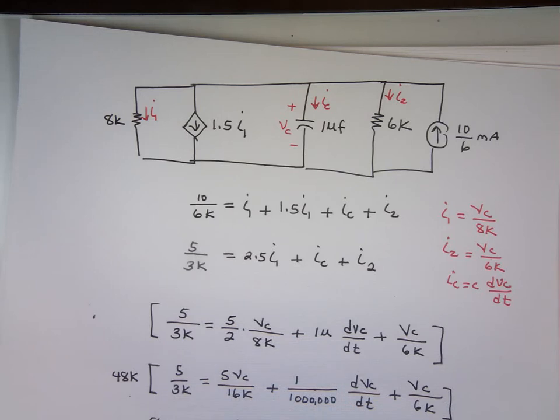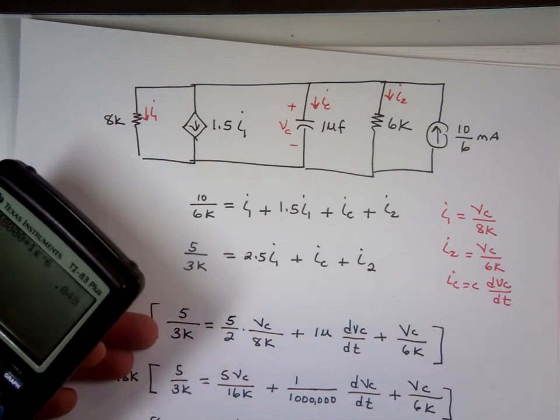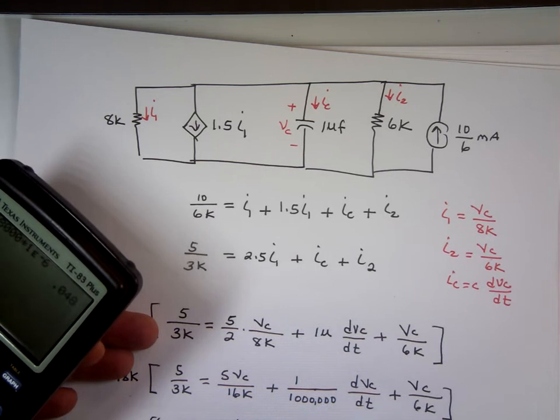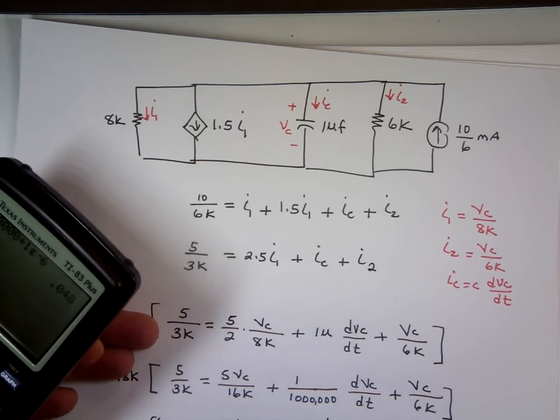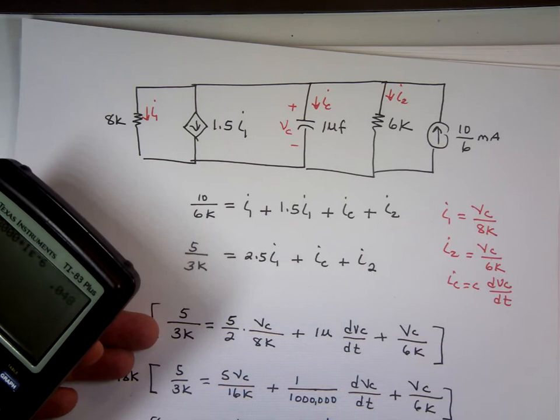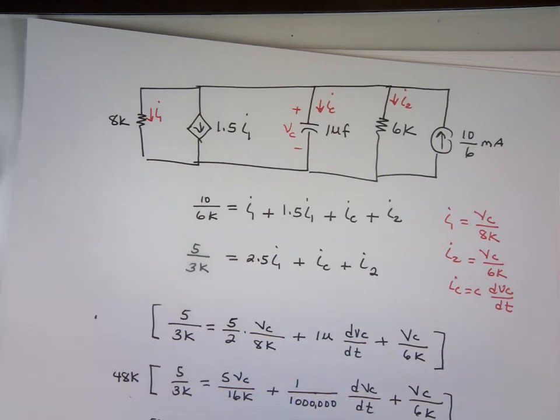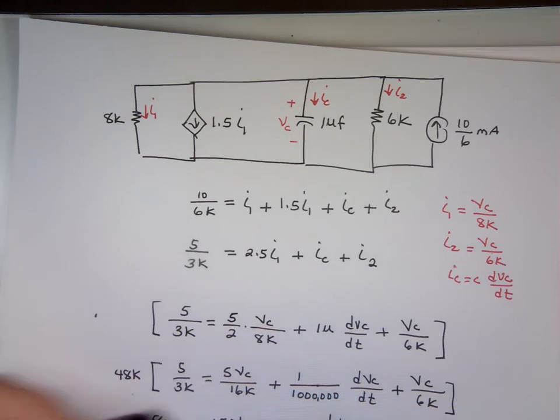I got 0.048, right? dVC dt plus 48 divided by 6, which is what? 8 VC.